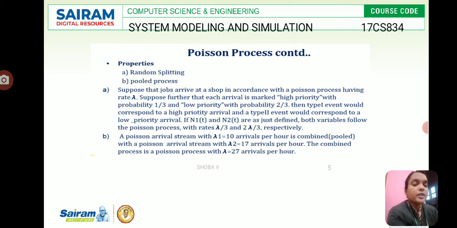Normally we have two properties, one is random splitting and another is the pooled process. Simply we can summarize: random splitting has high priority, 1/3, and low priority, 2/3. In the pooled process, we combine the two arrival rates, for example lambda 1 equal to 100 and lambda 2 equal to 200, so summing up we get 300.